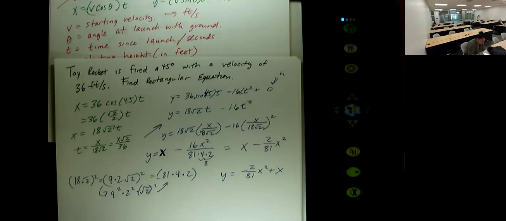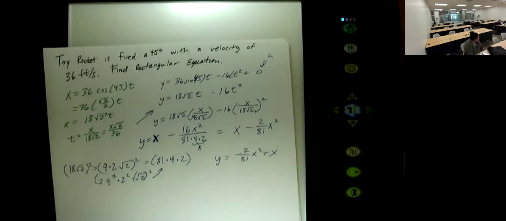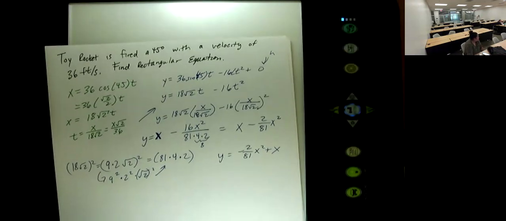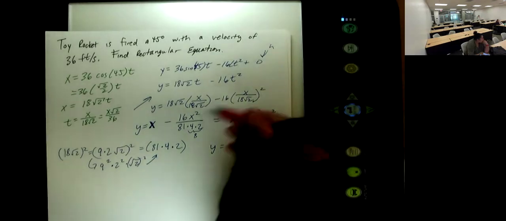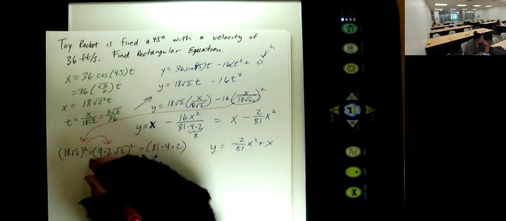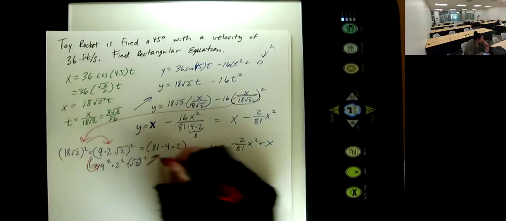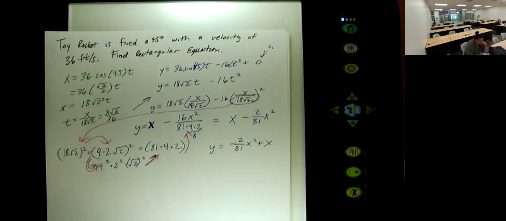And we did it, we got it in rectangular form. Jordan's squinting at me, what did I do? I'm looking at the negative 2 over 81x squared. So I did this squared, I did it over here, leads to here, leads to here, and that's what I put in, because that's easier for me to simplify with the 16.